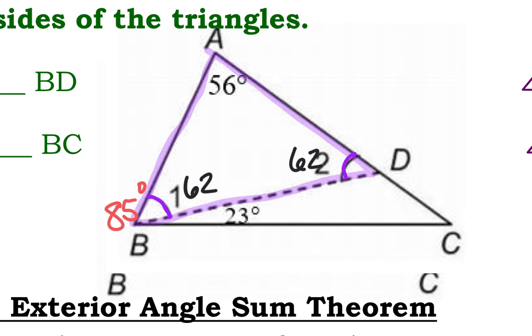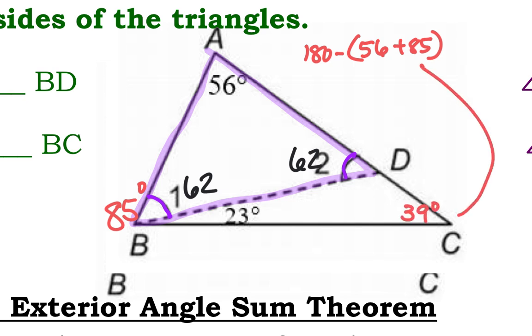Add 56 and 85, and then subtract it from 180. All right, so add those for me, and then subtract it from 180. What do y'all get? What'd y'all get for y'all's angle? 39? All right, so this angle is 39.